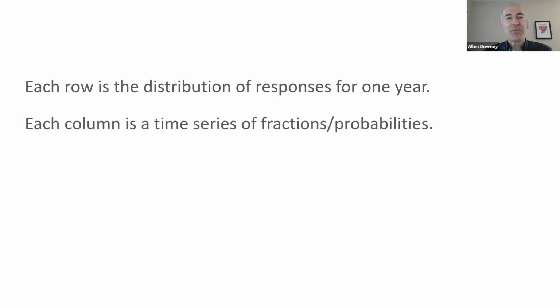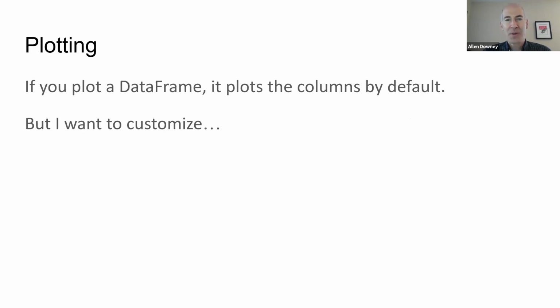So each row represents the distribution of responses for one year, and each column then makes a time series that shows how those fractions are varying over time, which I now want to plot.